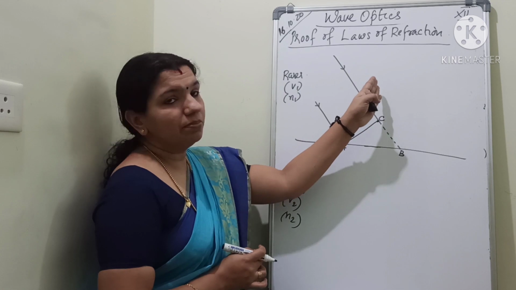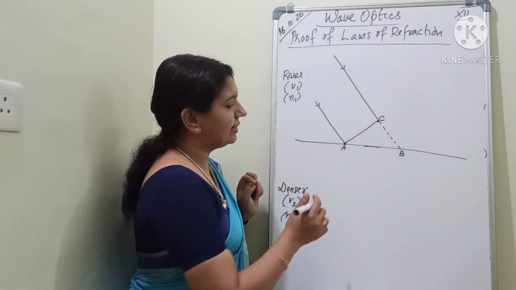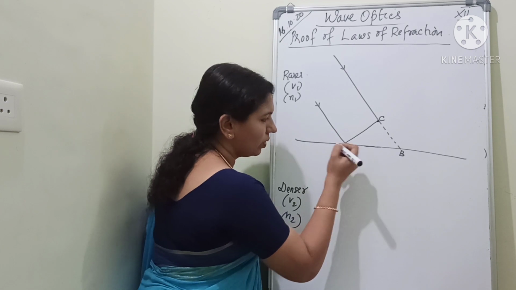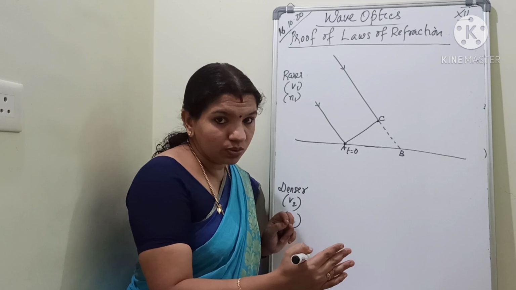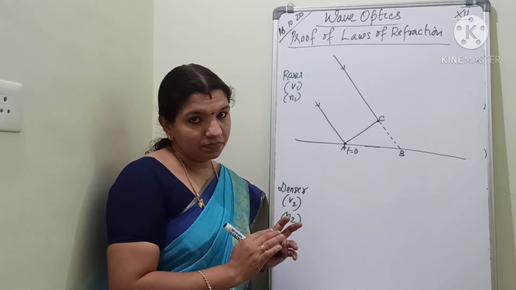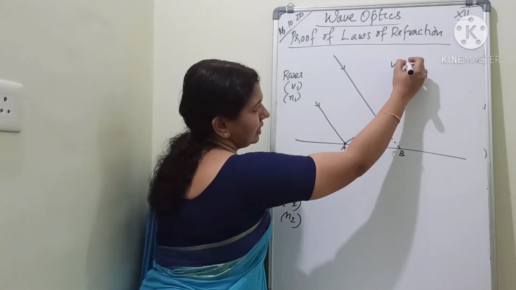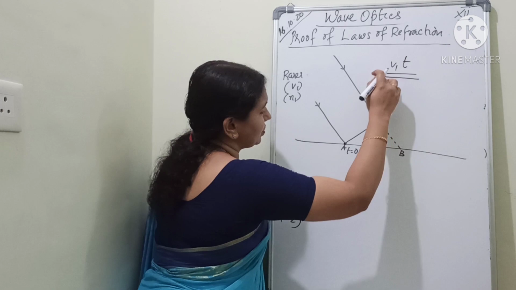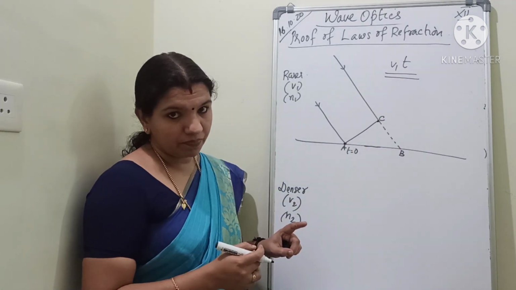Now this is a medium having a speed v1. So here let the time be t equal to 0, and after a time t, I just want to find the distance travelled. How can I find? If the speed is v1 and the time is t, the distance travelled by this wavelet is v1 into t. Isn't it?